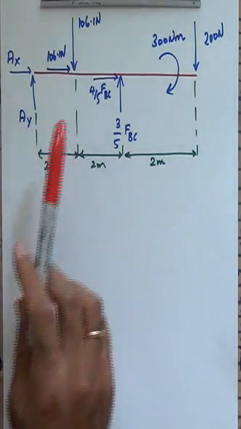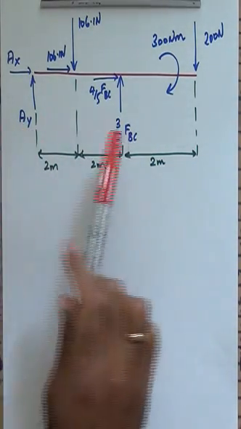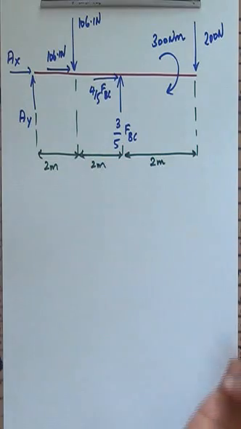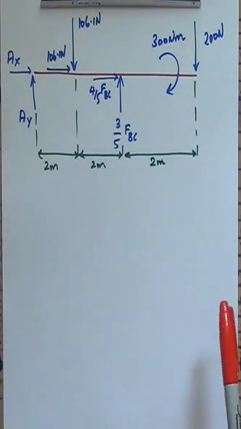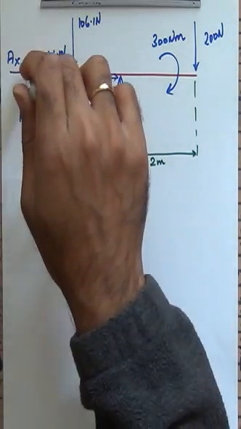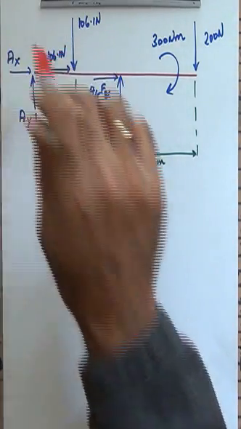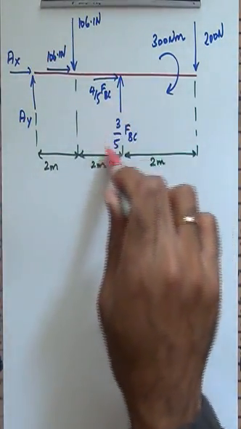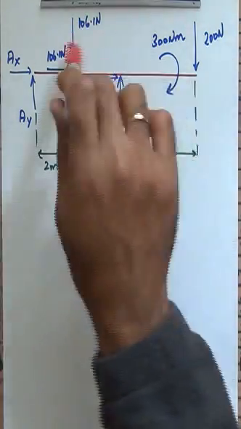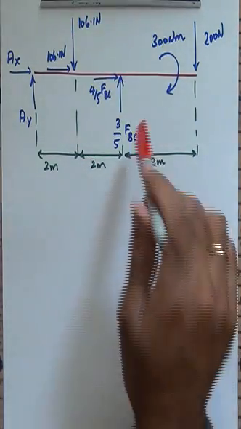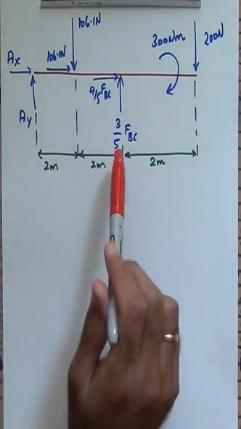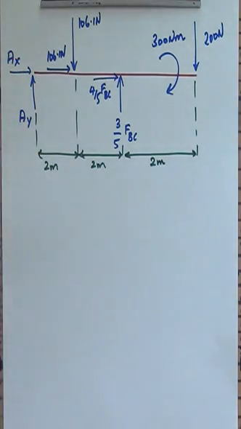If I start summing forces in the y direction, I have an AY, I have a 3/5 FBC, I have two unknowns, one equation, I don't have anywhere to go. If I do the sum of the moments about a particular point, if I actually choose the point A, then you see that I'm going to have a moment due to the 3/5 FBC force only, along with the applied forces of course, and then you see that I can solve for FBC. Once I solve for FBC, then I can find AX and AY.